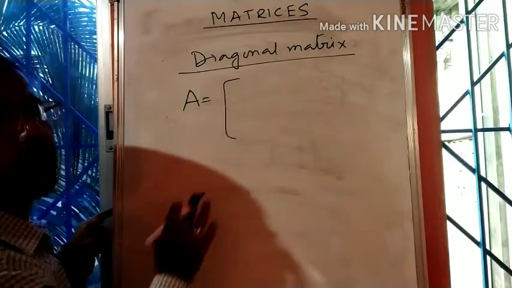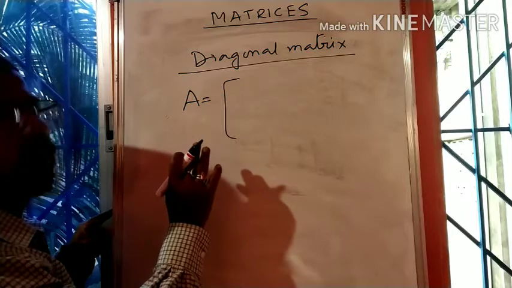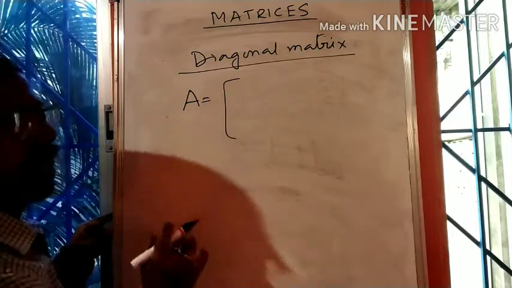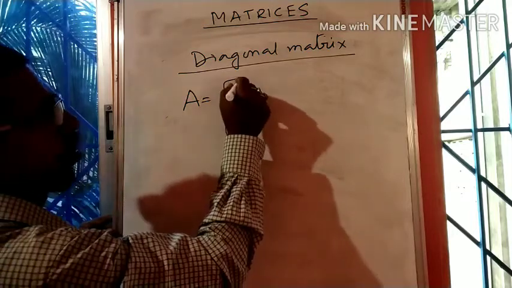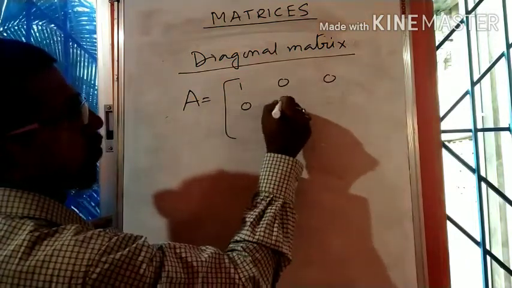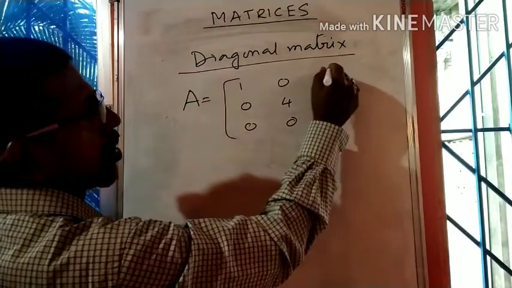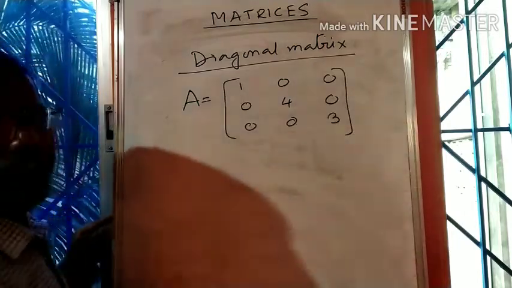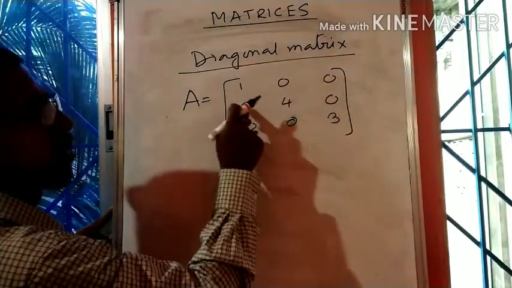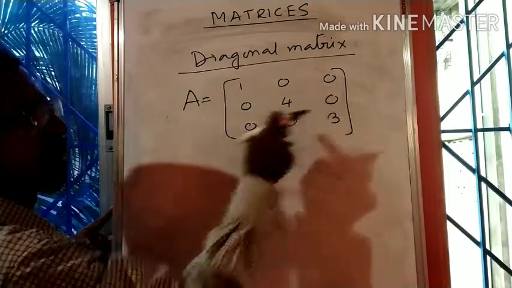Only diagonal elements will be there, and diagonal elements may be 0 or not, but not all together. So we can write here 1, 0, 0, 0, 4, 0, 0, 0, suppose 3. This is a diagonal matrix whose non-diagonal elements are all 0 and diagonal elements are 1, 4, 3.